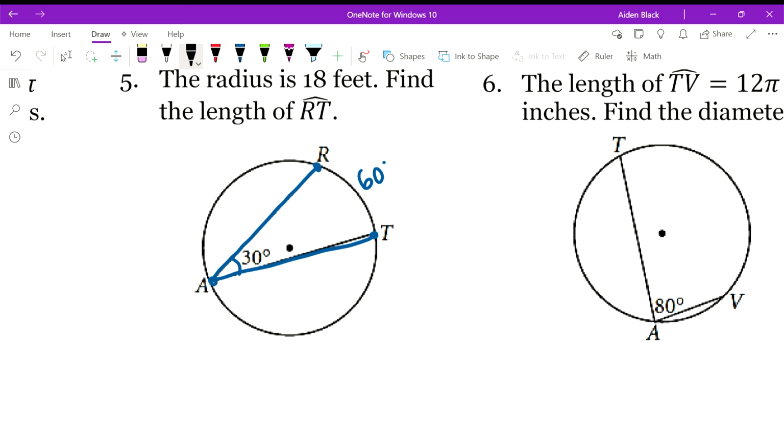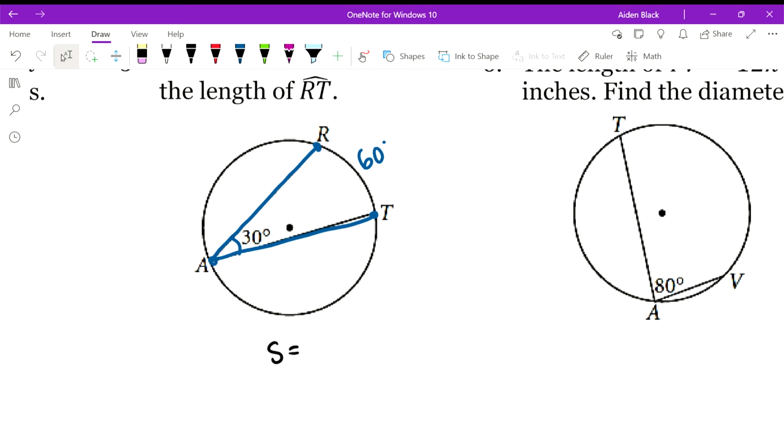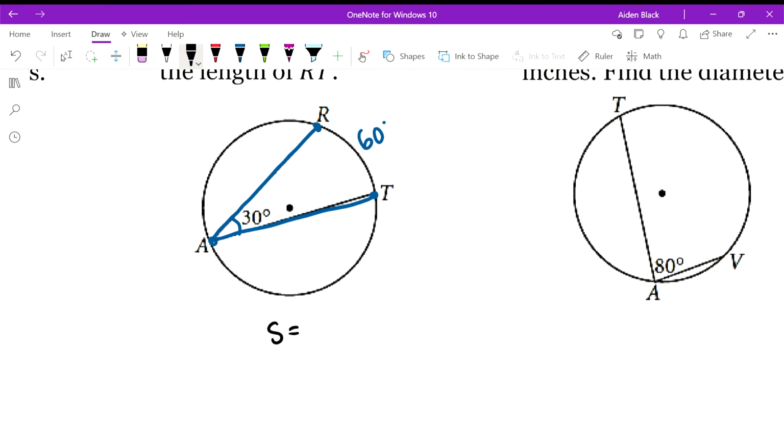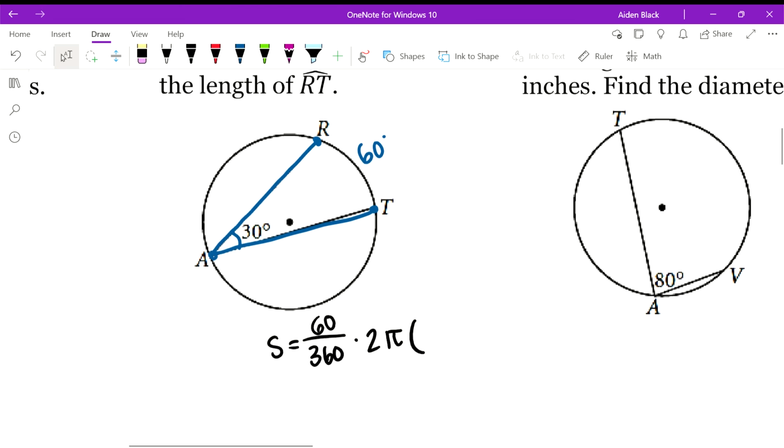So we're ready to set up the equation, or the formula for arc length. So arc length is the arc measure over 360 times 2 pi, and in this case our radius is 18.